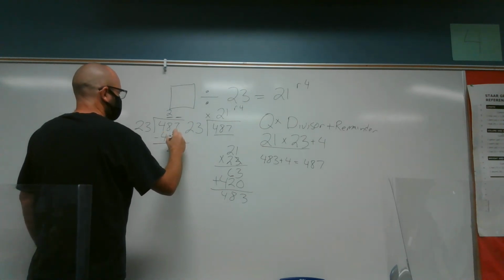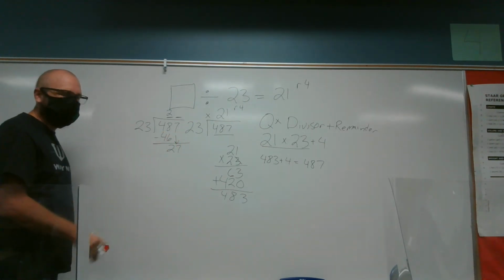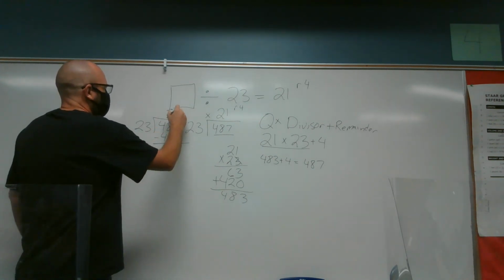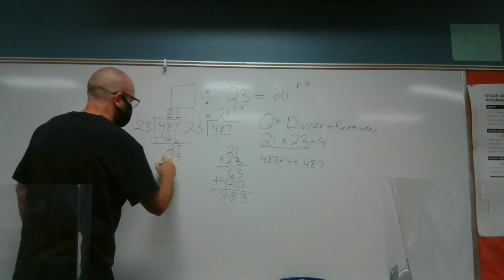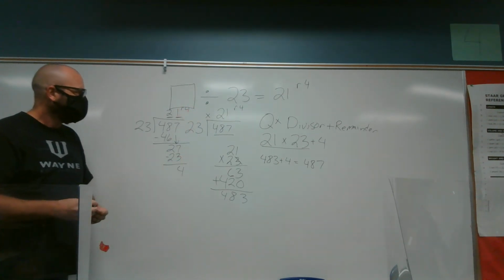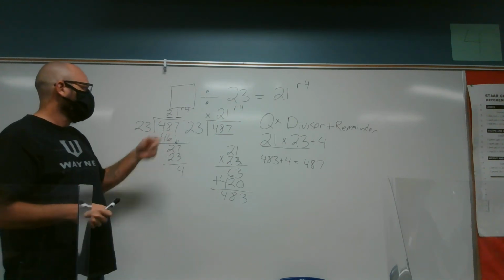Subtract, and I get 27 after I bring that down. 23 goes into 27 one time, because that's 23. Subtract, and I get 4, a remainder of 4. So my answer to this question is 487.